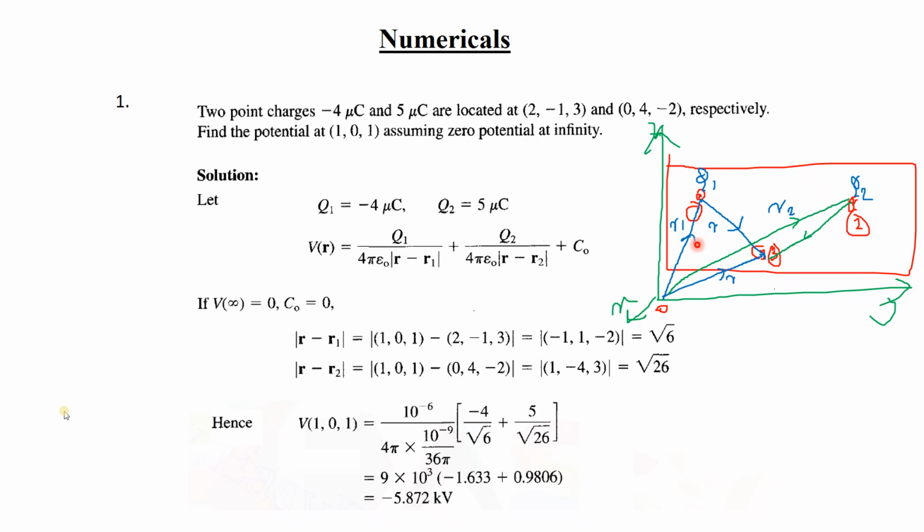The distance from origin to q1 is r1, and the direction is towards q1. So what is the distance between q1 and 3, that is point 1 to point 3? We don't have to measure it, we can calculate it, because we have the coordinates, and if we have the values of r1 and r, we can calculate this.